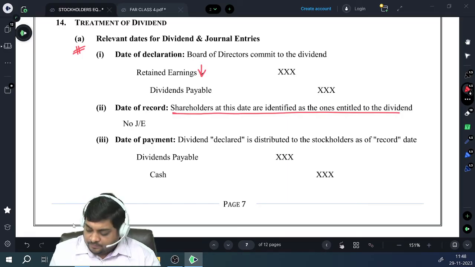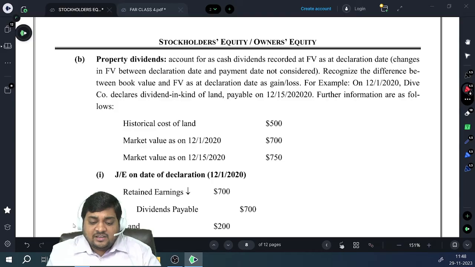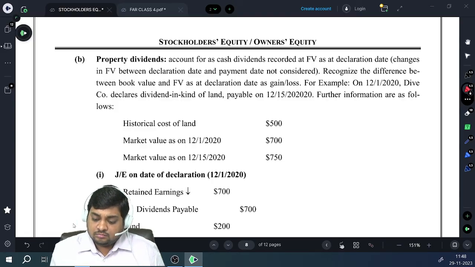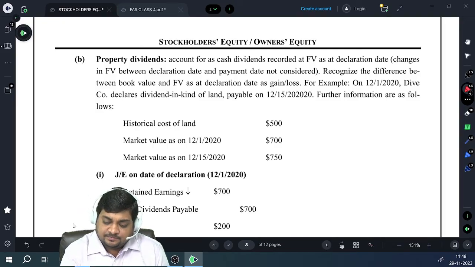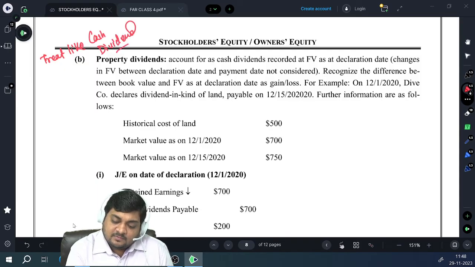Okay, now instead of paying dividend in cash, you can pay a property dividend, right? Simply treat it like a cash dividend.